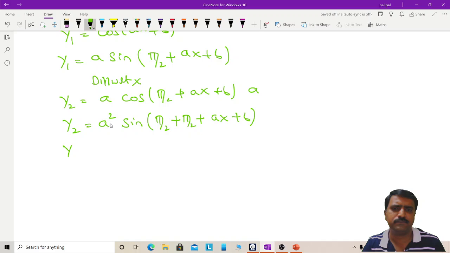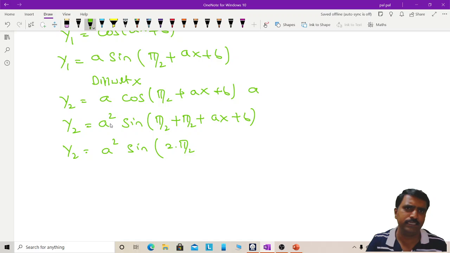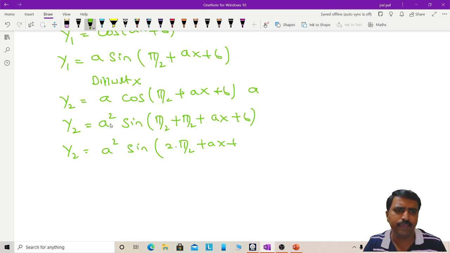So y2 is equal to a square into sine of 90 plus 90, which can be written as 2 into 90, plus ax plus b. So by using y2 we can generalize the result.